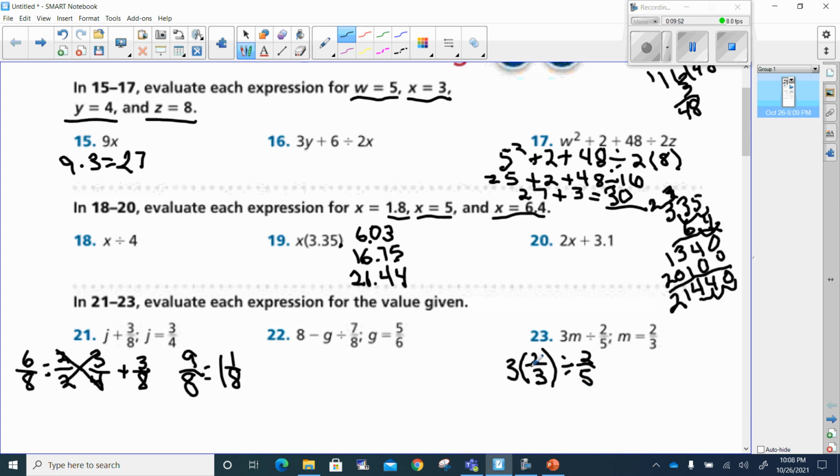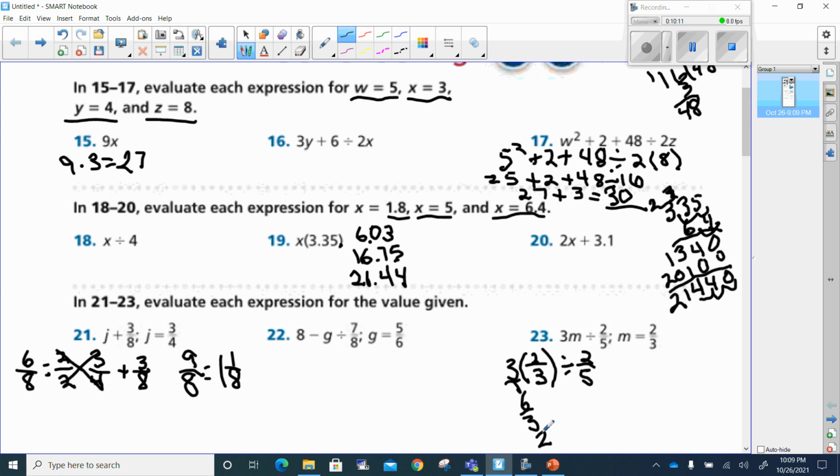All right, 3 times 2/3 is like 3 over 1 times 2 over 3, excuse me. 3 times 2 is 6, and 1 times 3 is 3, and 6 divided by 3 is 2.